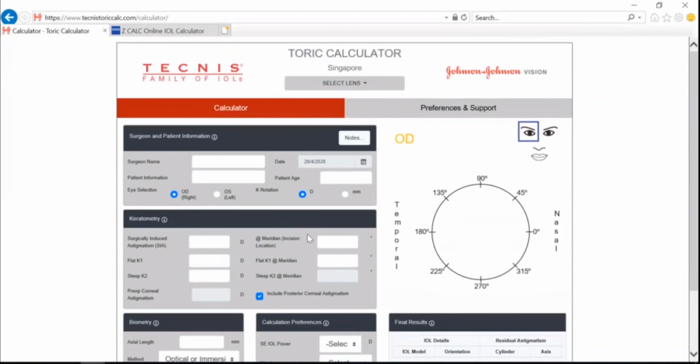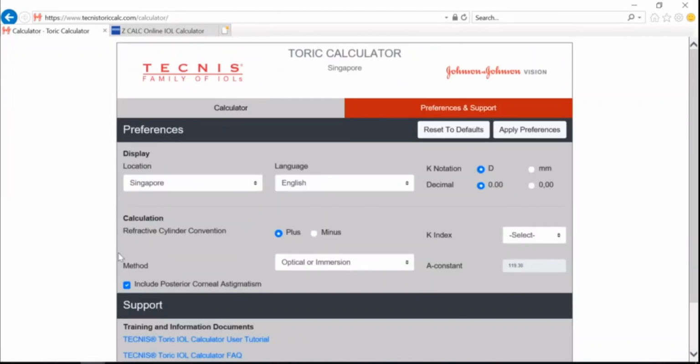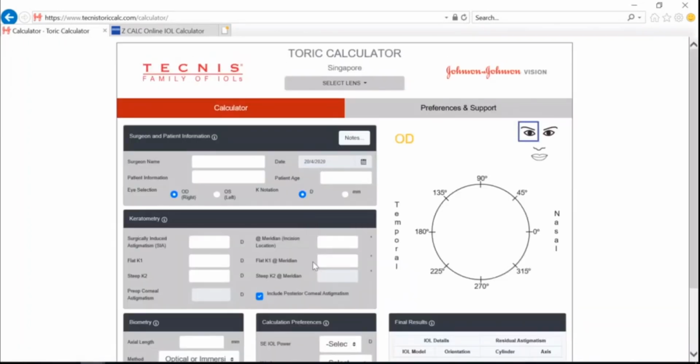Oops, it took away my calculation. If you are using instruments that do not measure posterior cornea, then you may want to turn this on. But if the surgeon is using instruments that include posterior corneal astigmatism, then you can turn this off, because whatever you input as your K readings here, you would have assumed that it has taken posterior cornea into consideration.